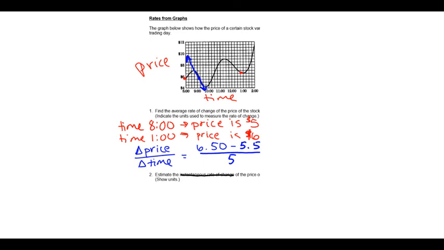So to find the stock at 9:15, we don't actually know what that number is. We don't know what the rate of change is. So we will look at a time right before and a time right after. So our interval will be 9 o'clock to 9:30.